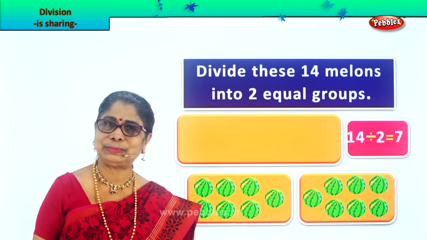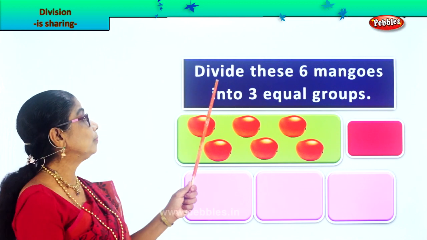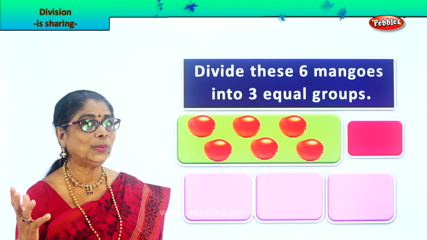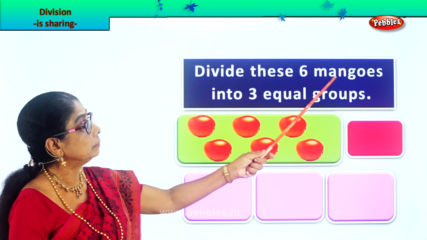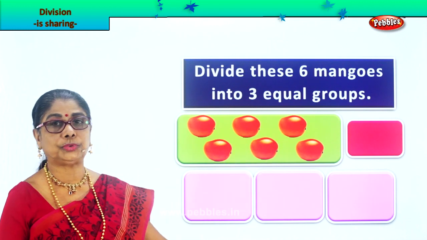Let's take another. Look. Let's read. What is division? Division is sharing, equal sharing. Divide these 6 mangoes into 3 equal groups.